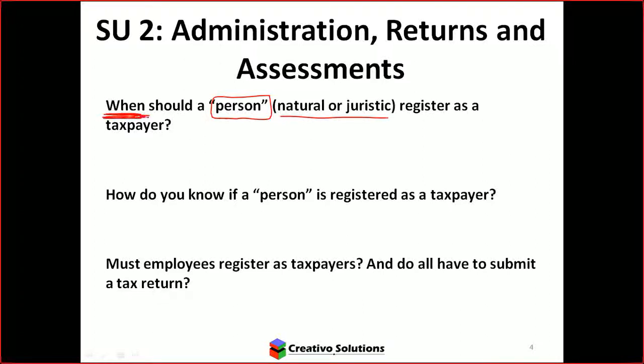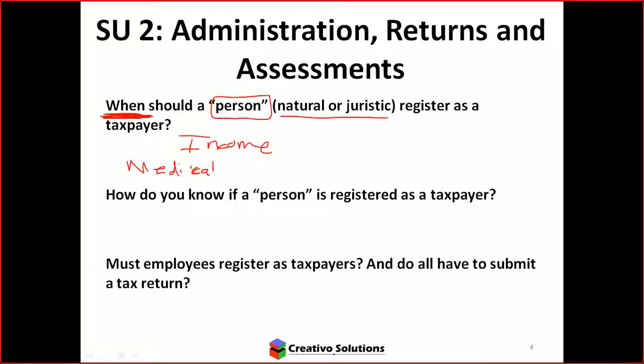Well, I think you should register as soon as you start to receive an income. Good. Okay, so it definitely relates to income. Another motivation to register as a taxpayer is as soon as you're deriving some sort of benefit, even something as simple as a medical aid.